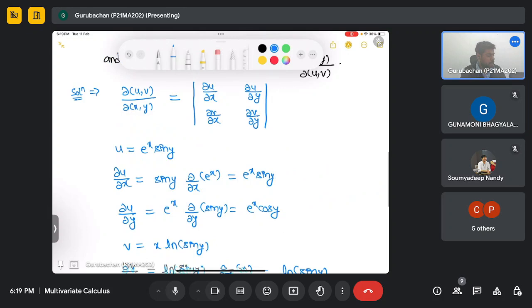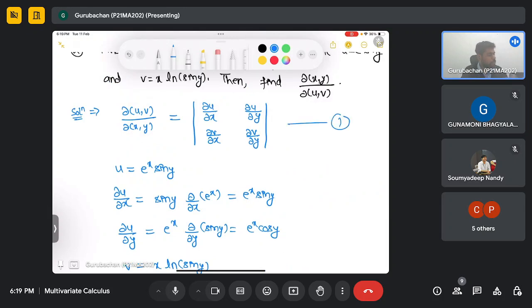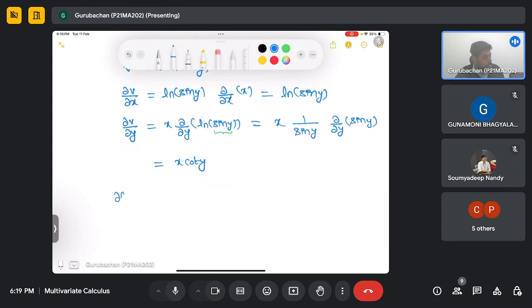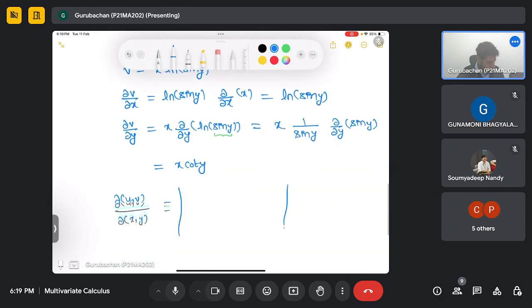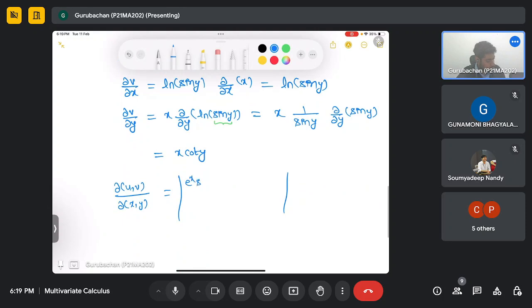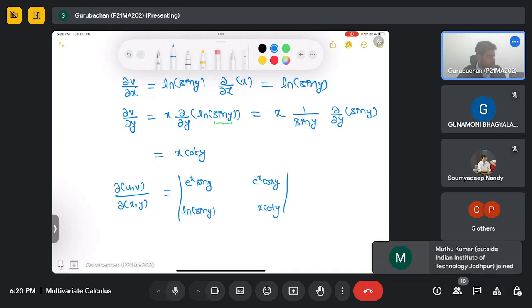So put these values in this equation 1 to get the Jacobian of this change of variables. It will come out to be del(u,v) by del(x,y). What are the first two factors? e to the power x sin y and e to the power x cos y, and the other one is ln sin y, x cot y.